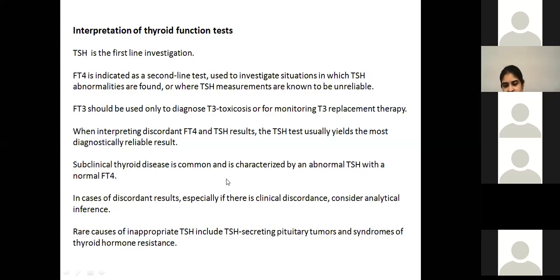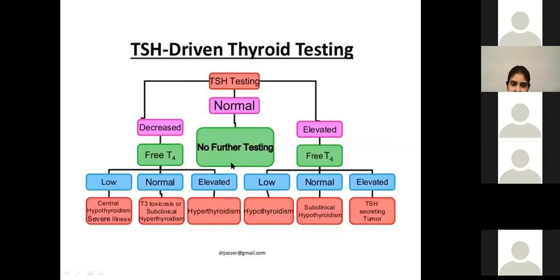All right, so I'll just move on. Okay, so this is what I talked about when I said we'll have a little bit of review of interpretation of the thyroid function test. This one particular flow chart is showing very clearly two to three things.